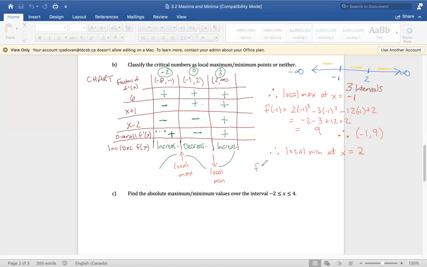So I go back to my original and I sub in 2 anytime I see x. 2 times 2 cubed minus 3 times 2 squared minus 12 times 2 plus 2, and you're going to end up with, we can pause it, try it, -18. So therefore I have the point of 2 and -18 as my local minimum there.